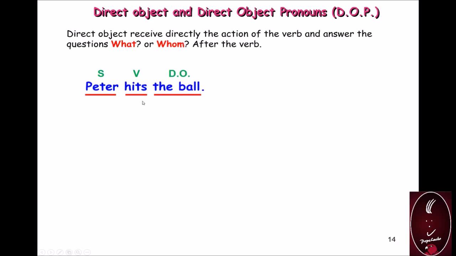The ball receives directly the action of the verb hits, or if we ask the question after the verb, Peter hits what? The answer to this question is the ball. So the ball is the direct object.